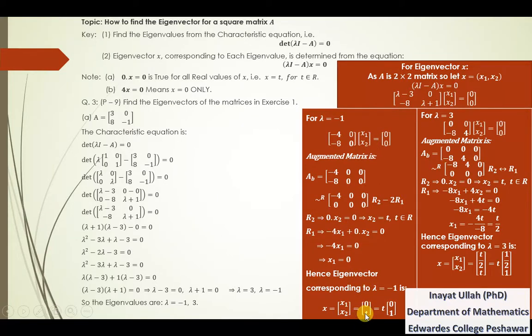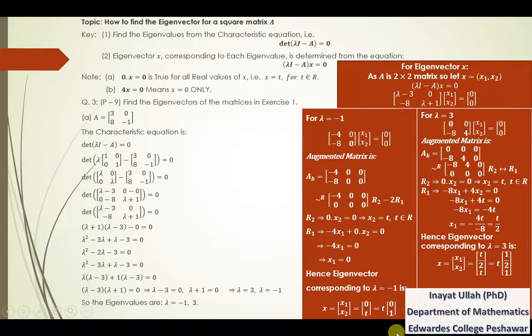If you replace t by 1, you get one eigenvector. Replace t by 2, minus 1, minus 2, and so on. Anyways, taking t common from these two, whenever t is common, that will become 0, and here 1 will be left.